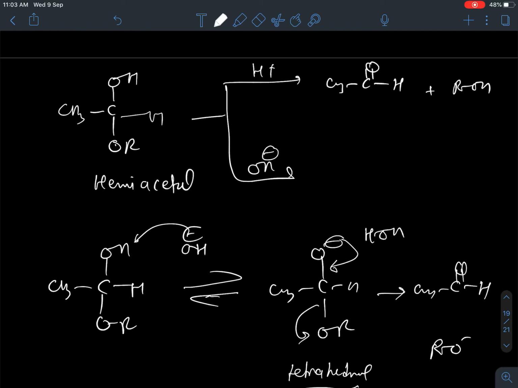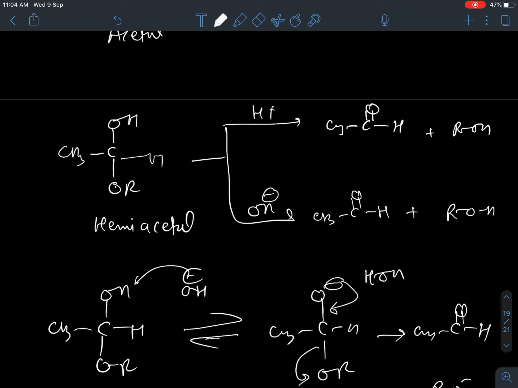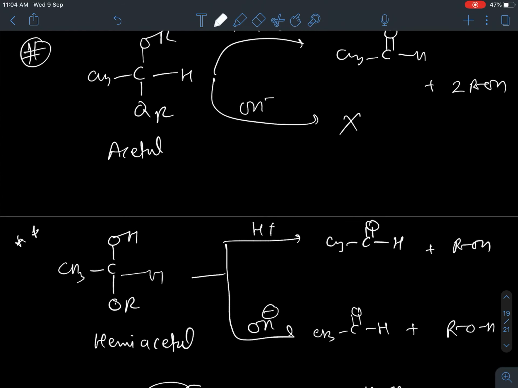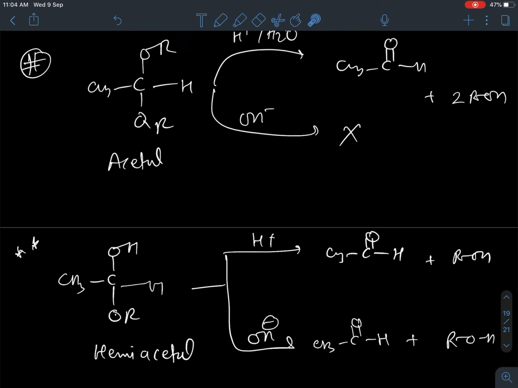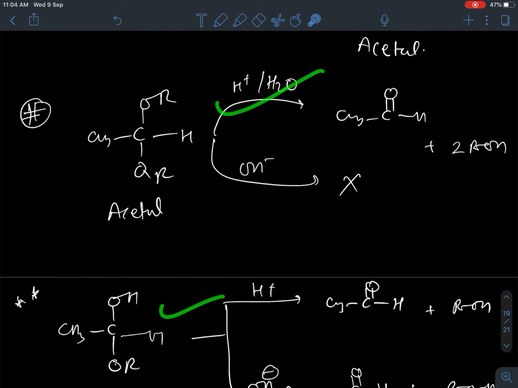So in basic medium, my dear, this will once again break and you are going to get back this aldehyde. RO minus will further become ROH. So this is very important. These 2 points are very important, that in basic medium acetals are stable, hemiacetals are not. In acidic medium both are unstable, both will form this back.